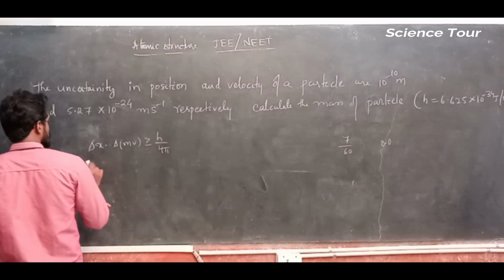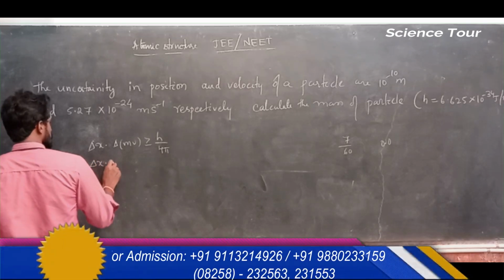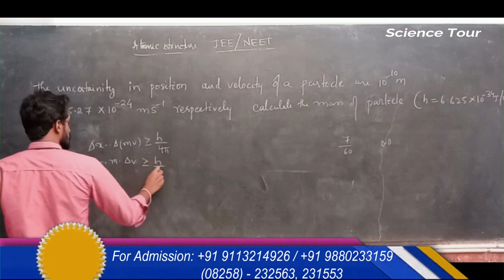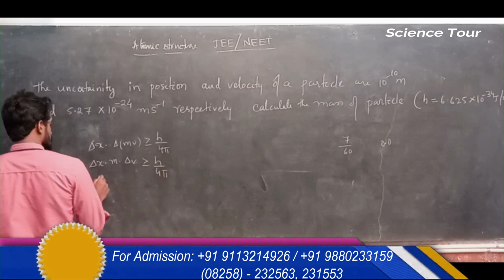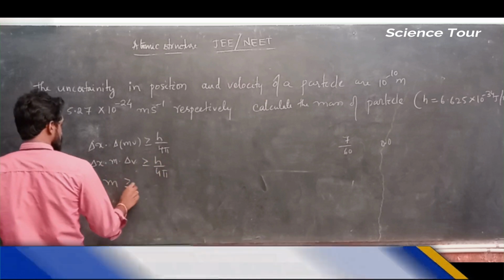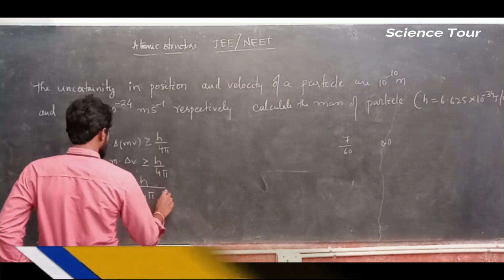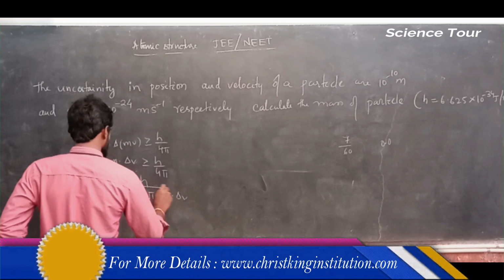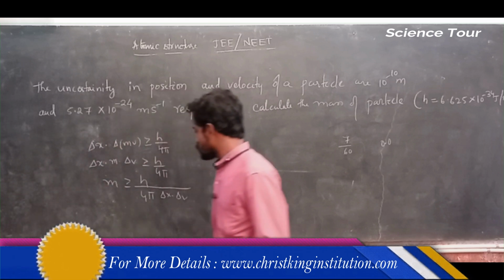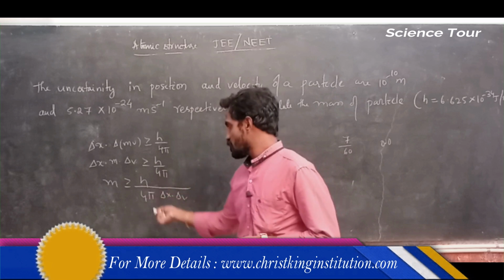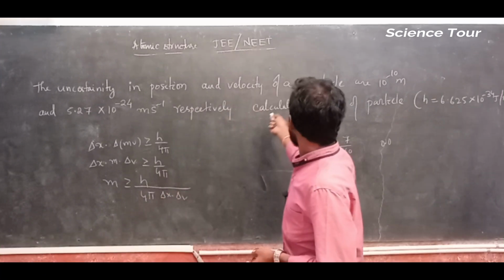So here I write delta x into m into delta v greater than or equal to h by 4 pi. Here you have to write m greater than or equal to h divided by 4 pi delta x into delta v. Here substitute these values, my dear students. Very simple. H is given, pi is 3.14, delta x is given.